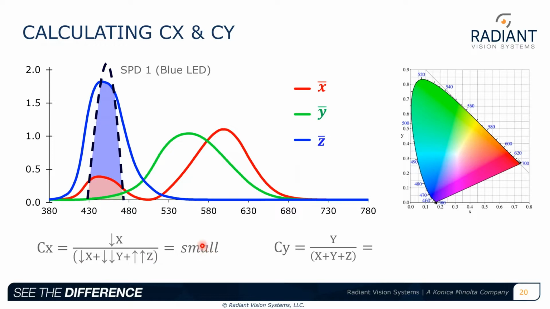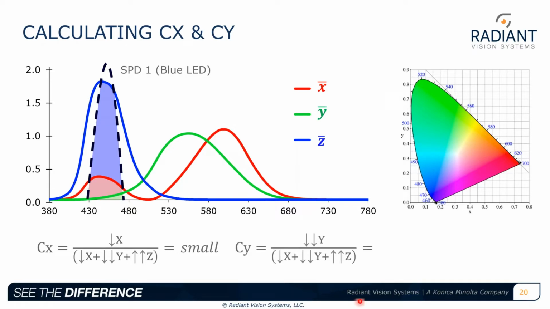So our Cx coordinate is going to be small, because for blue we're dominated by the tristimulus Z on the denominator. Next we calculate Cy, so the same large denominator, but the difference here is that our Y component is even smaller, because see how we have much less area underneath the Y bar graph bounded by the spectral power distribution of the blue LED.